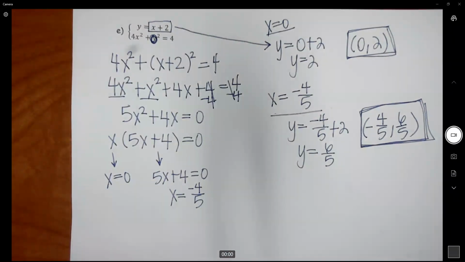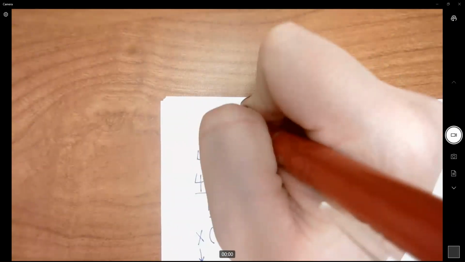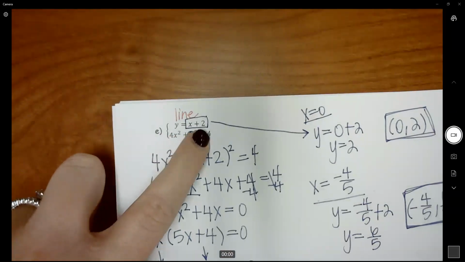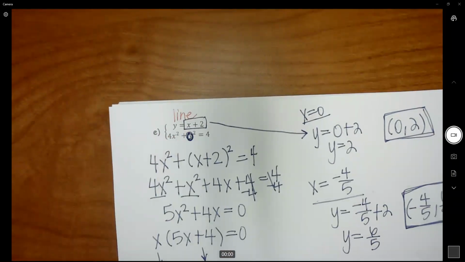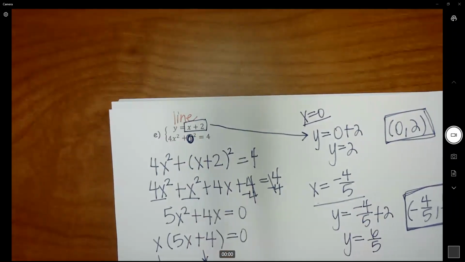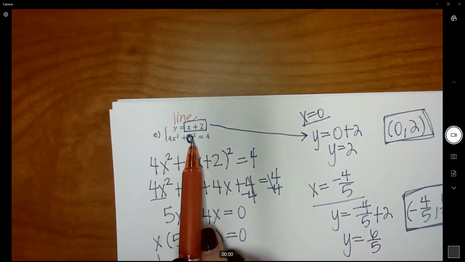And let's rewind because we should have went over our shapes, right? Here, we have a line. 1, that's my y equals mx plus b form. And 2, you have x to the first, y to the first, that's a line. Then here, we have an x squared and a y squared.